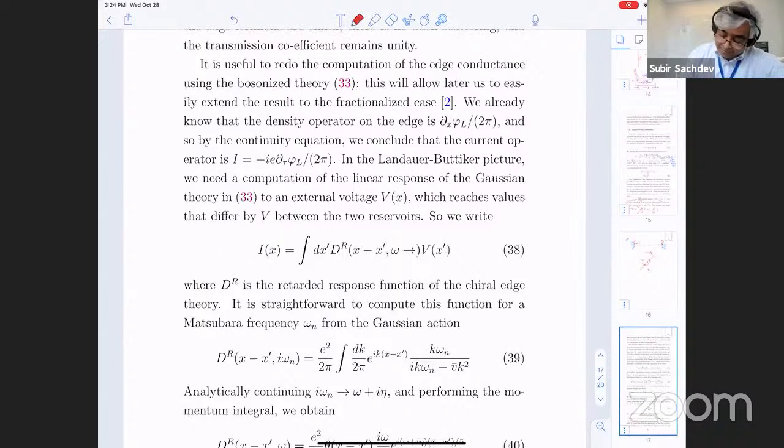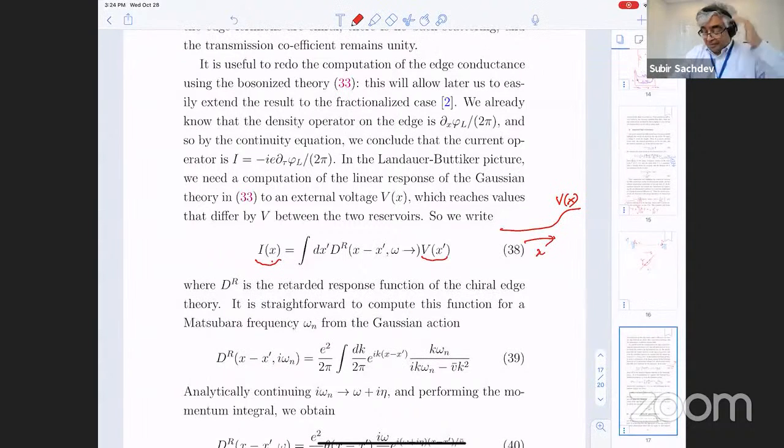So now again, you have some sample here, with one reservoir at some voltage, and then eventually on the other reservoir it goes up. This is X. This is some voltage or equivalently some potential. And because of this potential, you try to figure out the current. So you just do a linear response calculation. If you apply a potential V, what is the current?